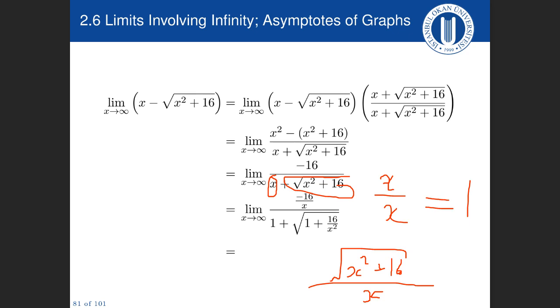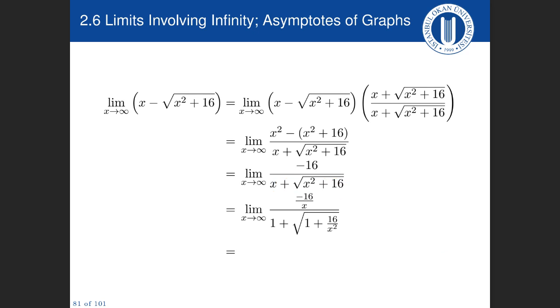And when we take the x inside the square root, it becomes x squared. That's equal to the square root of x squared plus 16 divided by x squared. Because the limit of 1 over x is 0 and the limit of 1 over x squared is 0, we just get 0 divided by 1 plus the square root of 1 plus 0, or 0.